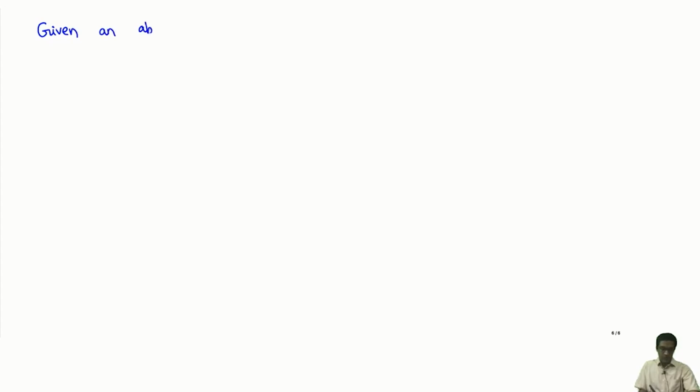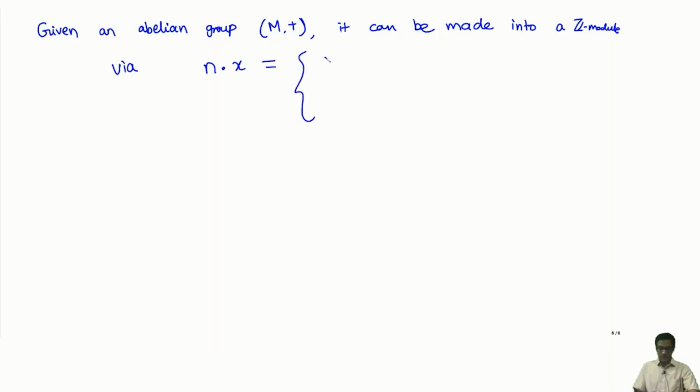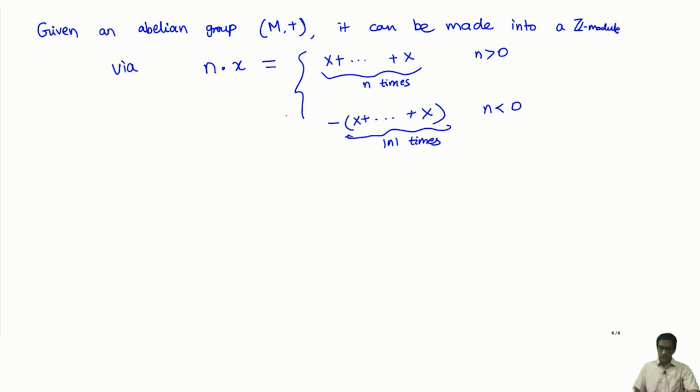Given an abelian group M, it can be made into a Z module via the definition: n dot x is just x plus x, n times, if n is positive, or it's minus of this, with mod n times, if n is negative. Or if n is 0, then of course the answer is 0.